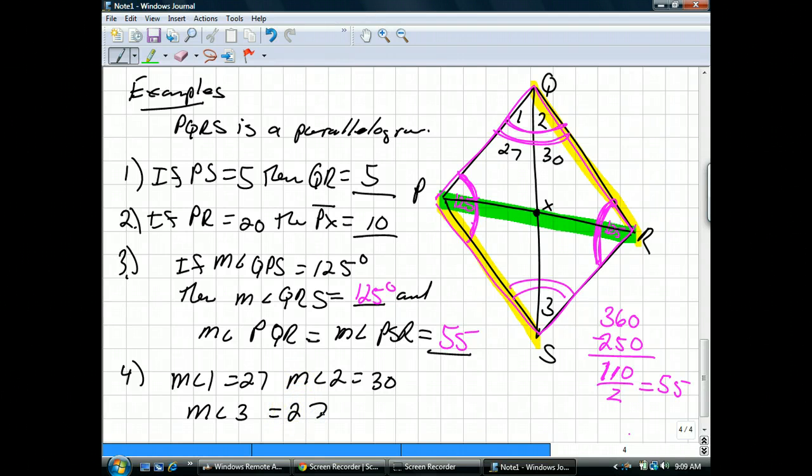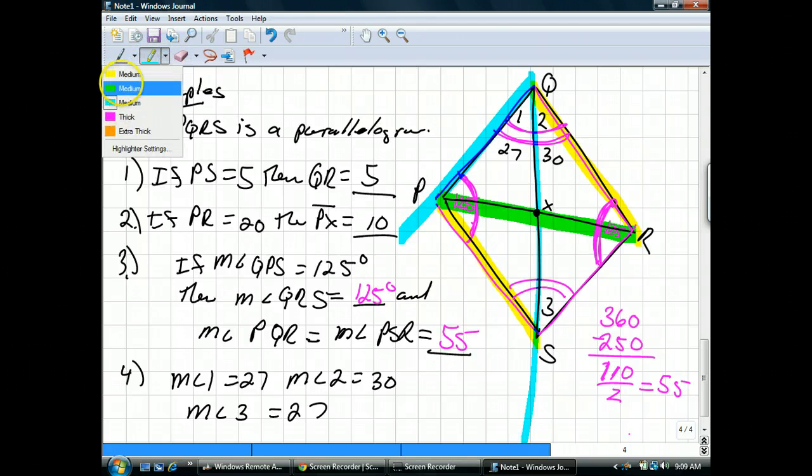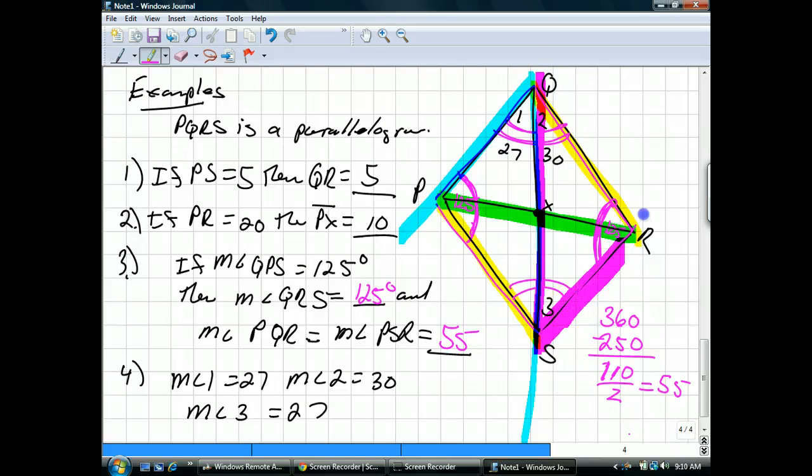Okay, and that's because angle 1 is made up of this line and this line, and angle 3 is made up of this line and that line.